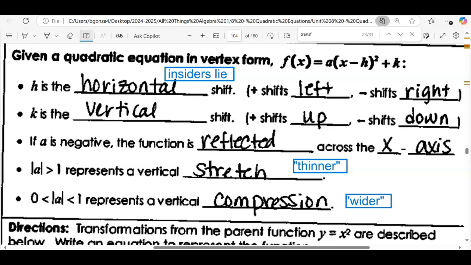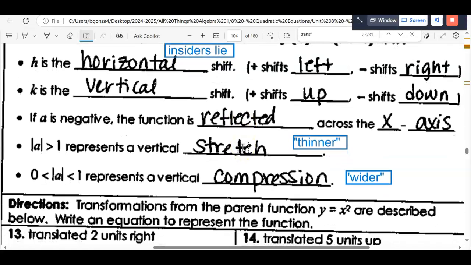Let's talk about it. Okay, so that first one on the notes says 2 to the right, right? Translated 2 units right. So remember, left and right is insiders, and they lie.